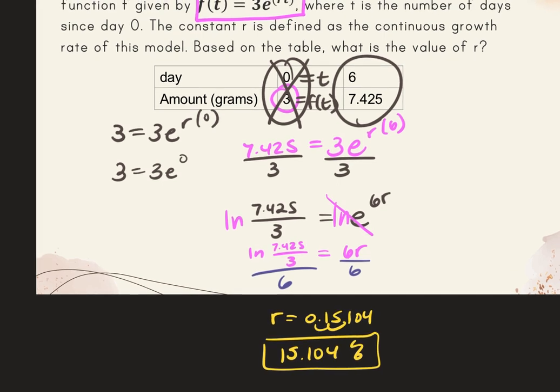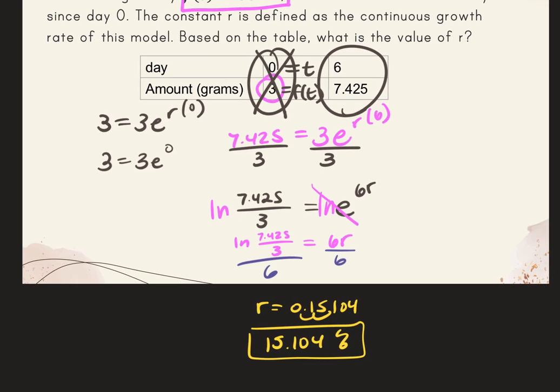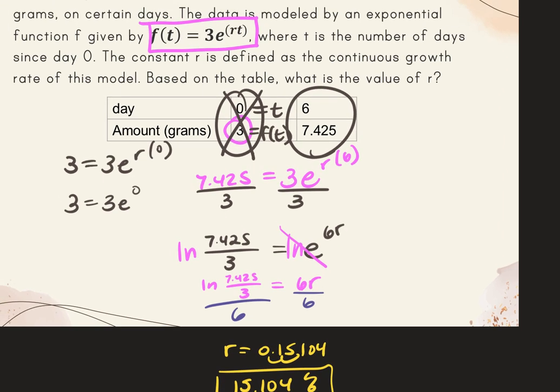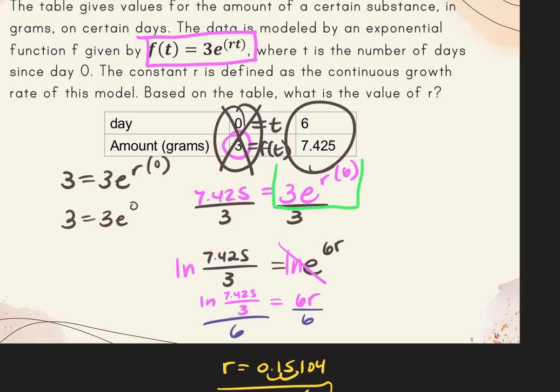Questions? No. Okay, if you have a graphing utility, you could also have taken this side of the equation and put it in as your y1, with r being x. And you could have taken the other side of the equation and put it in as y2 and then seen where they crossed. Yes, that is an option.